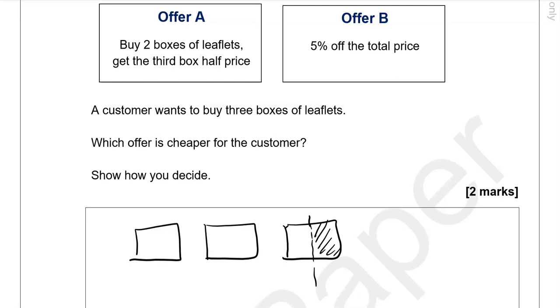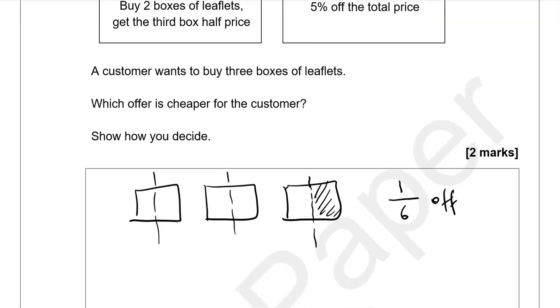So basically you're getting a discount that is 1 out of 6, so 1/6 off with the first offer.